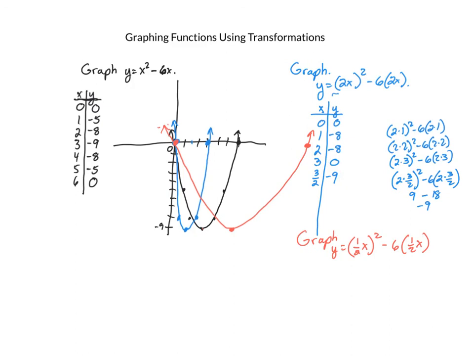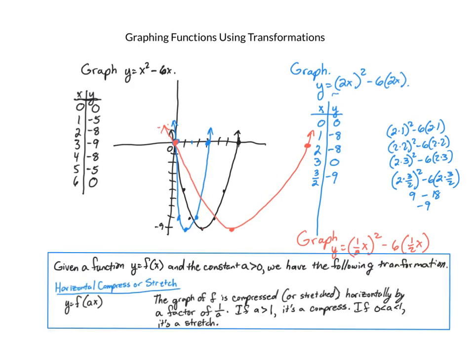Very roughly. So let's write up in general what happens if we replace x with a constant times x if we're transforming functions. So we have this in general, given a function y equals f of x and a constant a that is greater than 0, we have the following transformation. y equals f of a times x is a graph that will be a horizontal compress or stretch compared to the graph of y equals f of x.